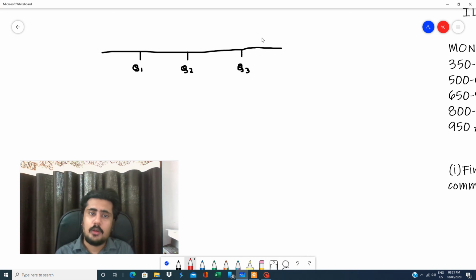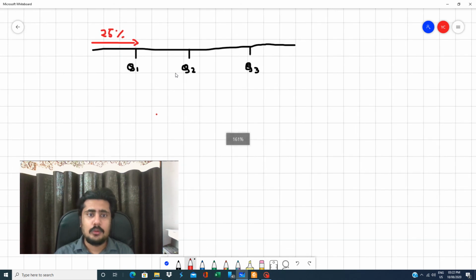Now, what is the logic of Q1, Q2, Q3? The logic says that Q1 covers 25% of your data, because it is one fourth. You can easily understand how much data Q2 covers.